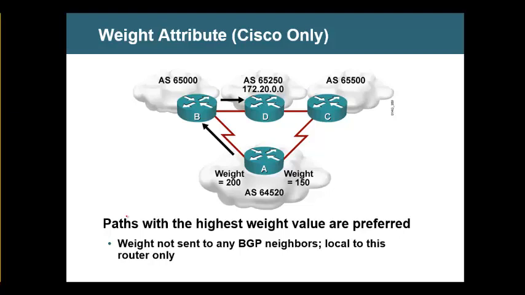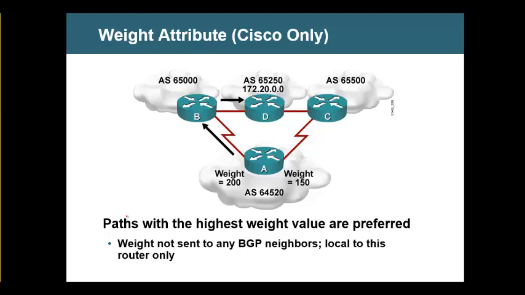But the weight that you set on one router is going to help only that router to decide the exit, not every router in the autonomous system. If you want every router in the autonomous system to decide an exit, then you need to use local preference.